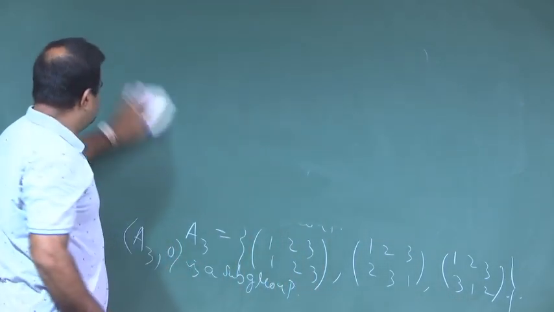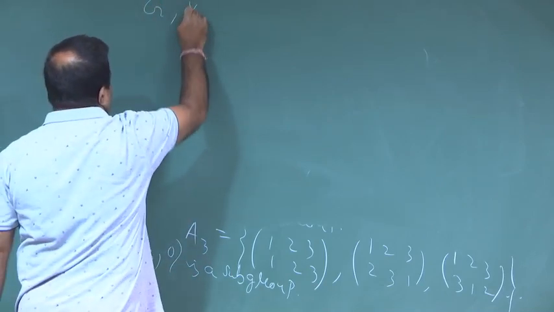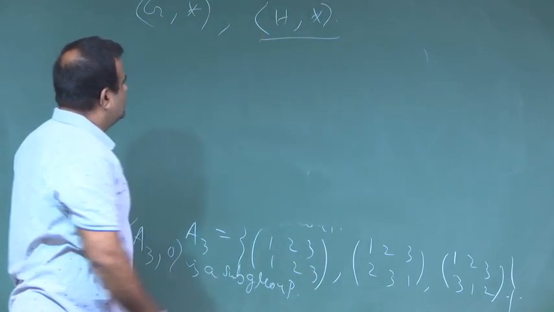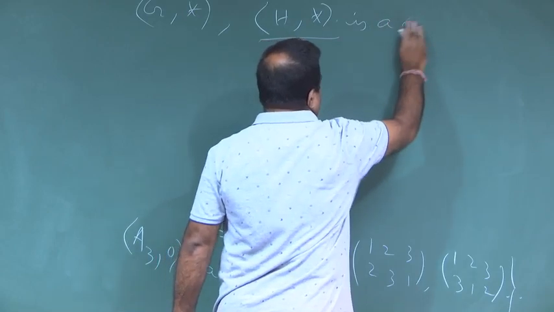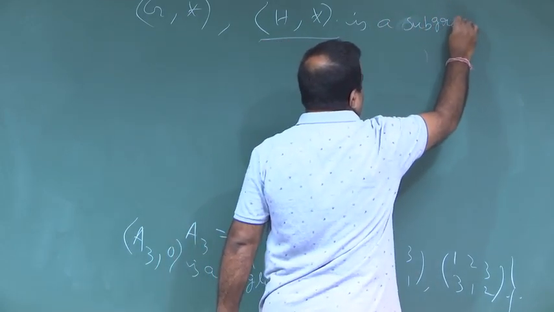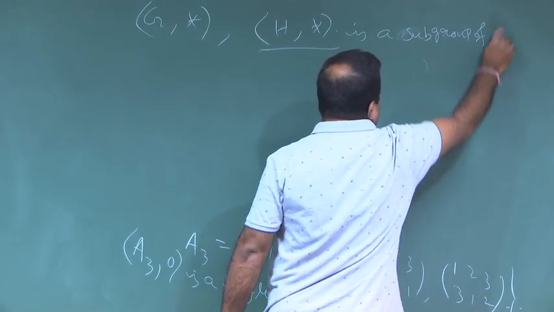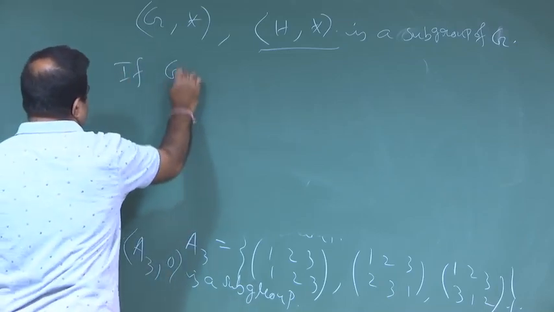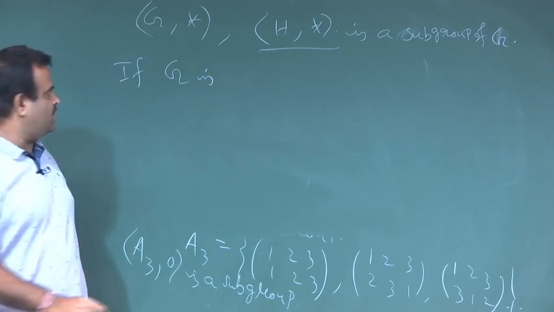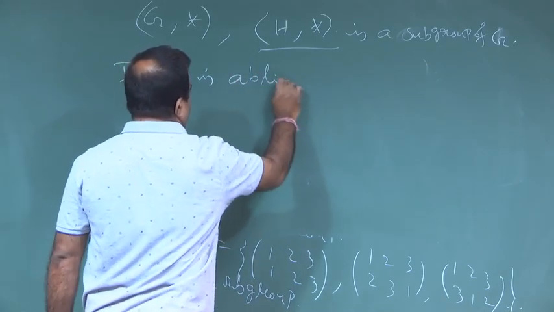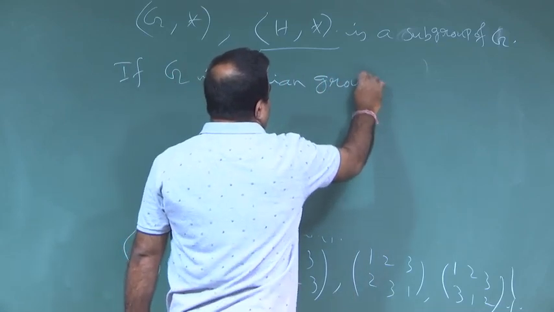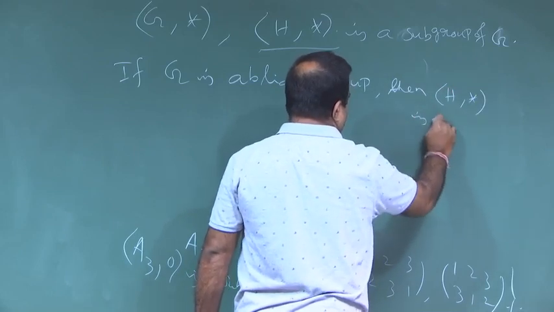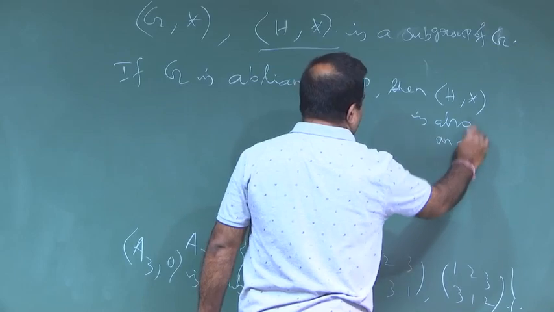Now, the first property: suppose G is a group and H is a non-empty subgroup of G. The theorem says if G is an abelian or commutative group, then H will also be an abelian group.